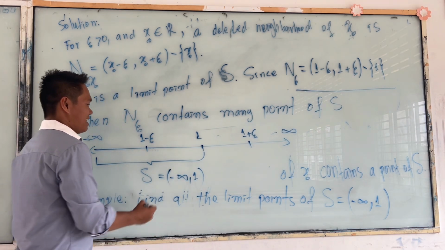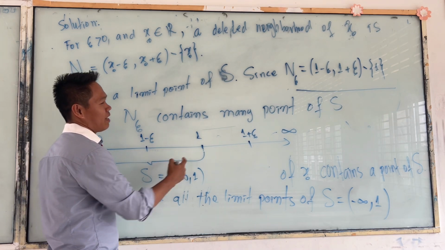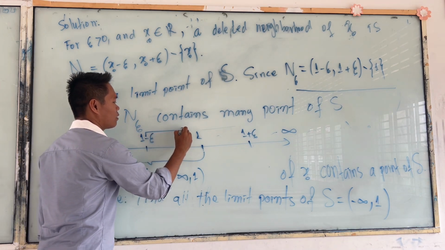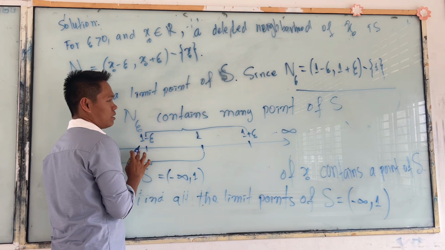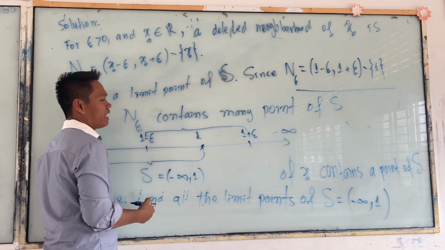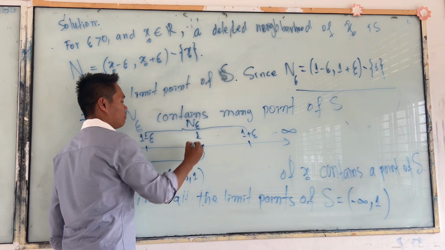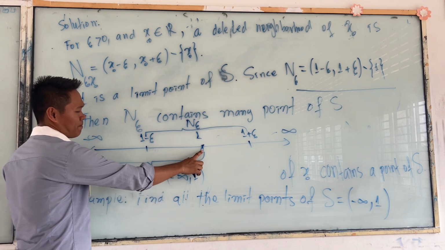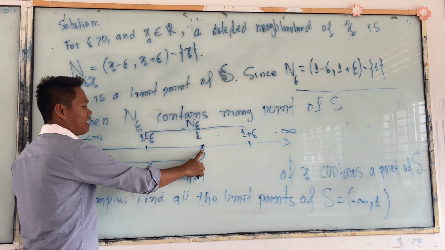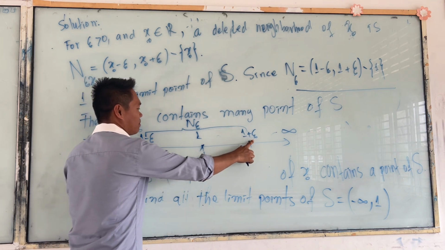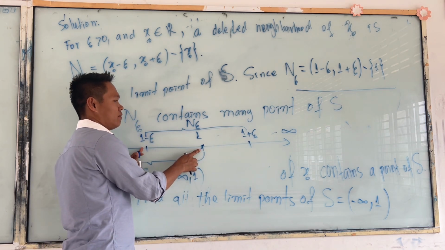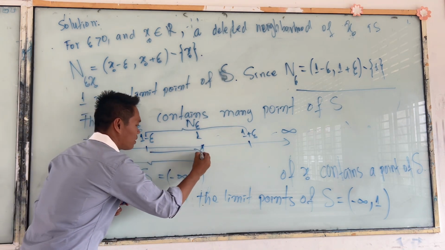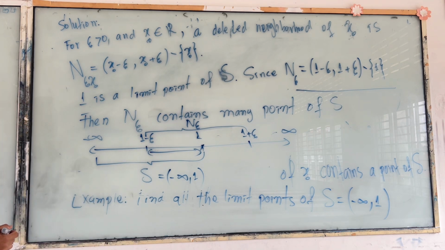And where is N epsilon? Here. You just omit the point 1, and you get N epsilon. From negative infinity to 1 is S, and from 1 minus epsilon to 1 plus epsilon, except 1, is N epsilon. S and N epsilon have many common points.